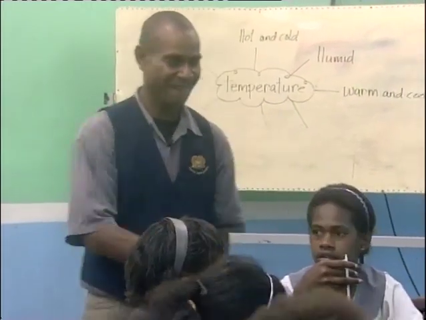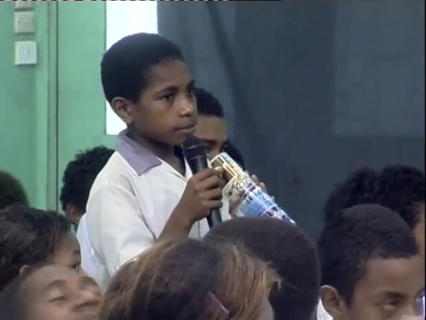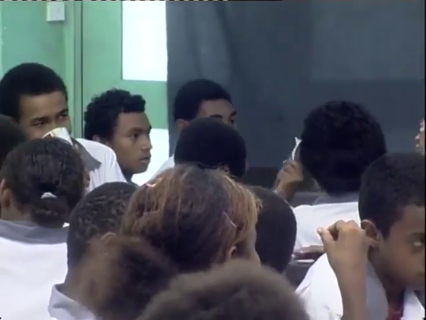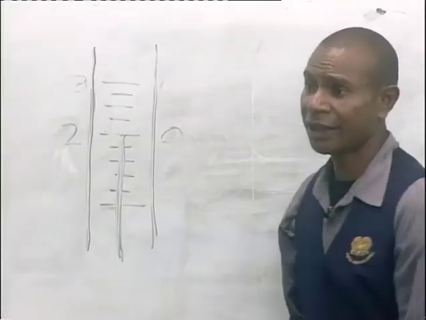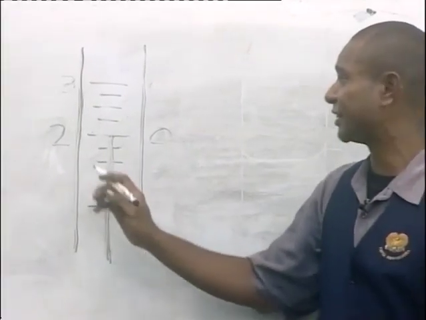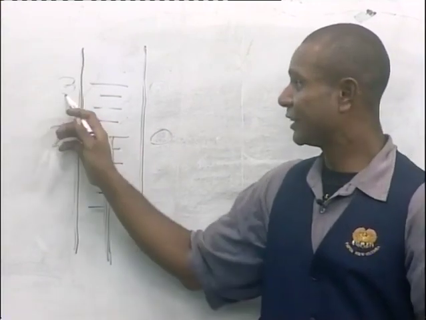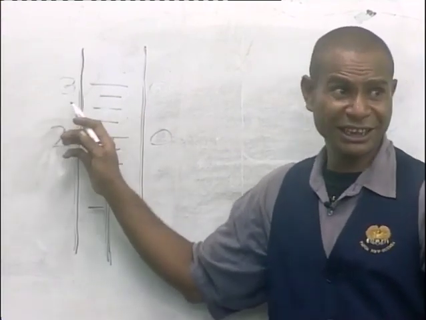Oa? 3 degrees Celsius. What did you get? 3? This one here. Okay, he said 3 degrees Celsius. Okay, the number is divided on the scales. It is 30 degrees Celsius.